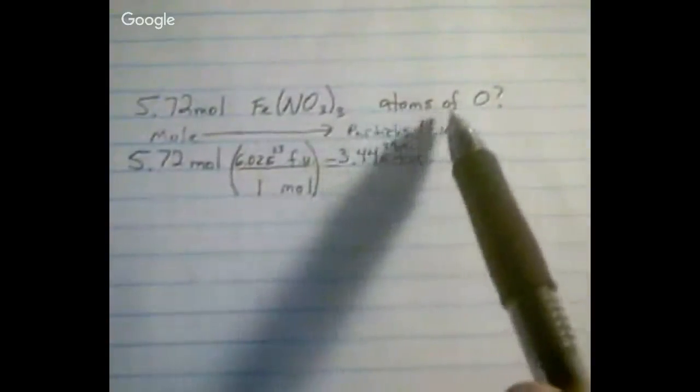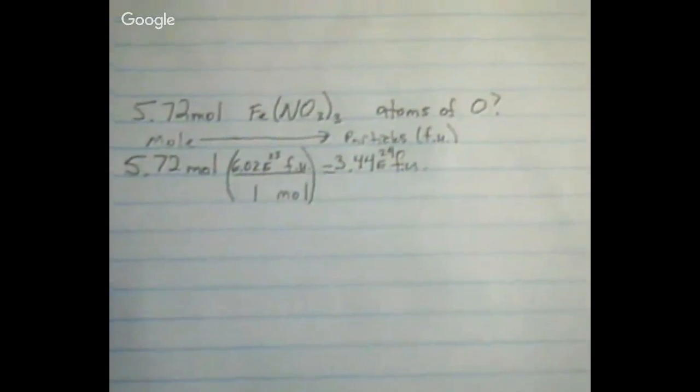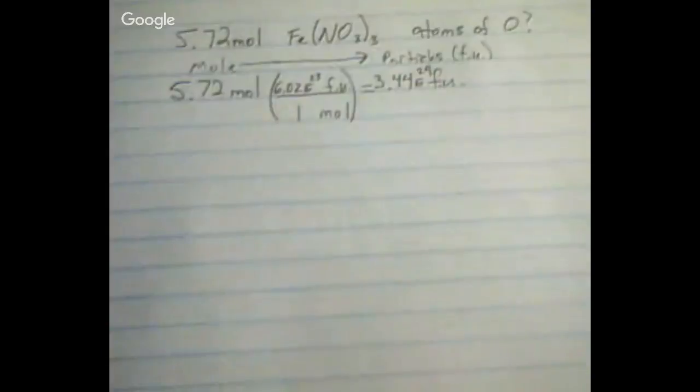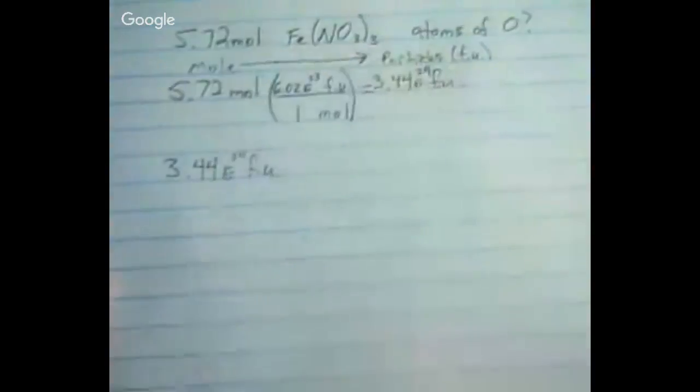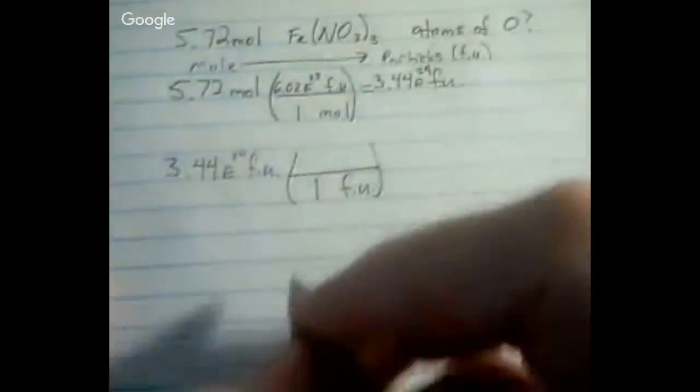But this problem says atoms of oxygen. It wants how many individual atoms of oxygen we have. So I'm going to move this over. From that above problem, we have 3.44 times 10 to the 24th formula units. For every 1 formula unit, there are 9 oxygen atoms.